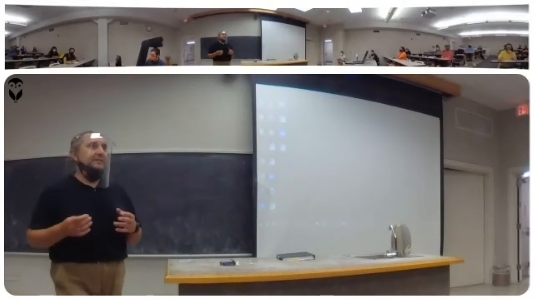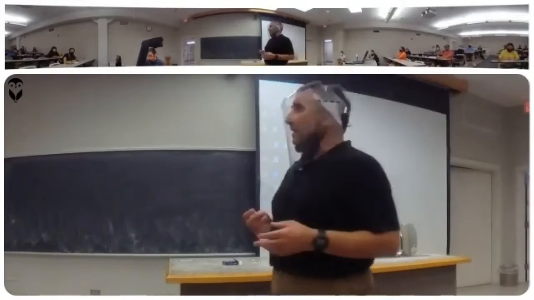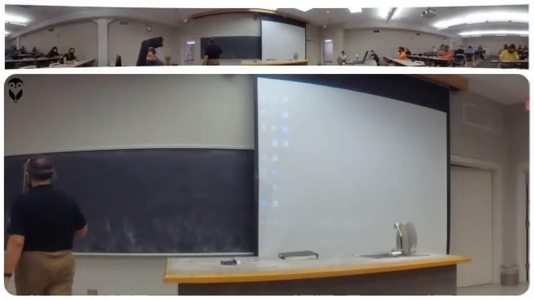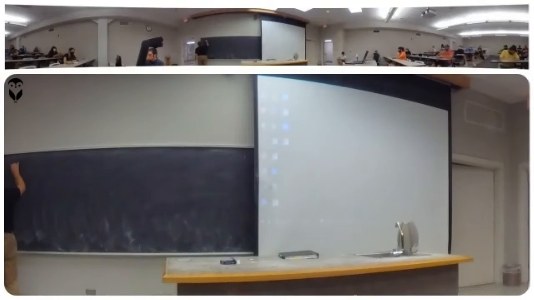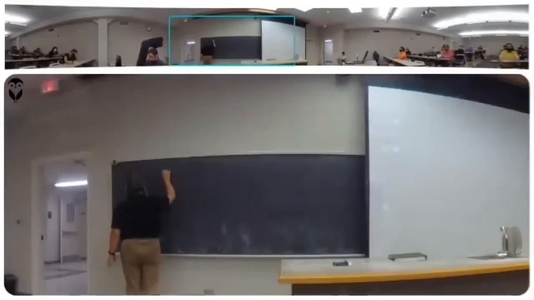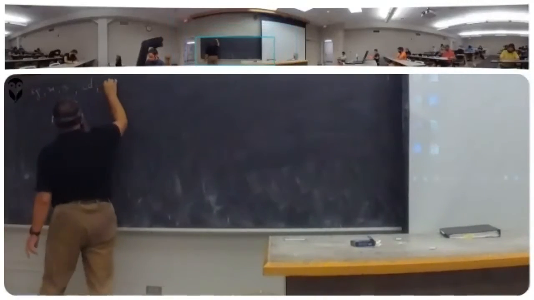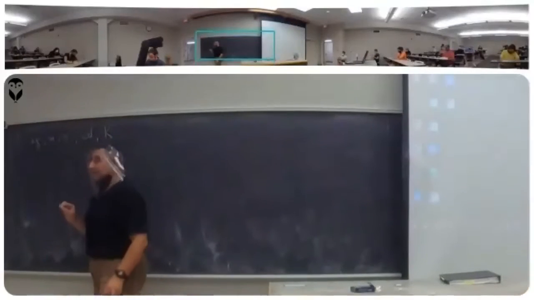About units in physics, we said that we were going to use the SI system of units, and the basic units for the SI system were kilogram, meter, second. You have candela for light intensity. You have Kelvin for temperature.